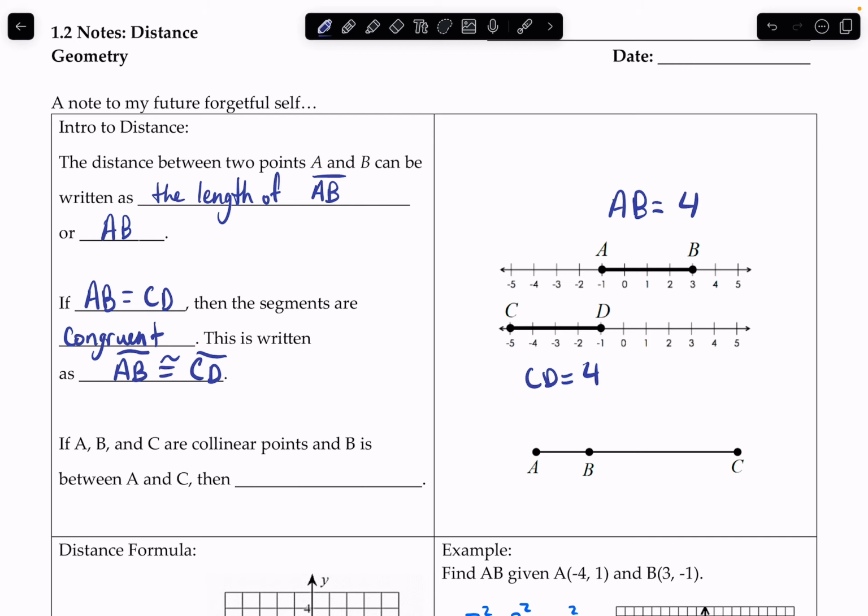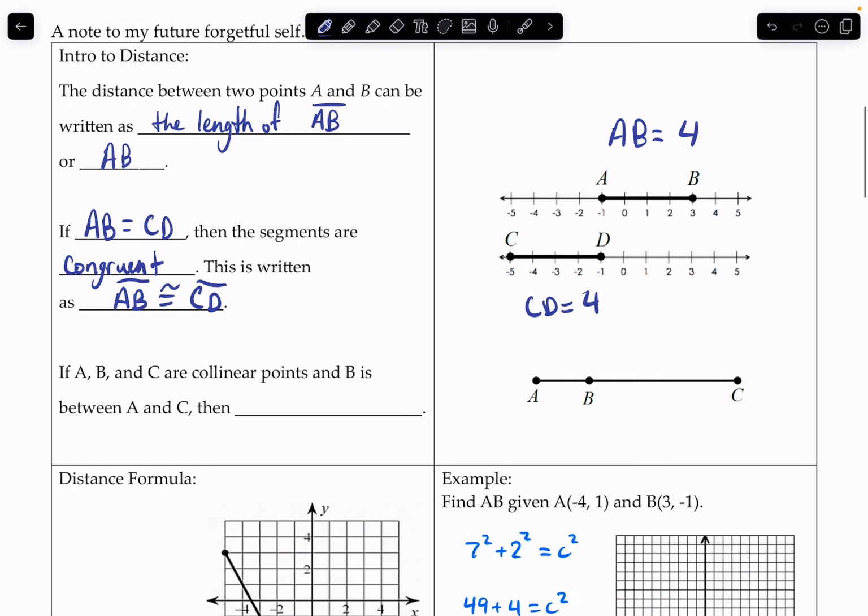All right, you can also take some of these distances and you can add them together to equal other distances. So for example, I have A, B, and C. They are collinear, they are on the same line. And if B is in between A and C, notice what that does for us. That gives us a segment here of AB, that gives us a segment here of BC, and we can talk about the distances of these as well.